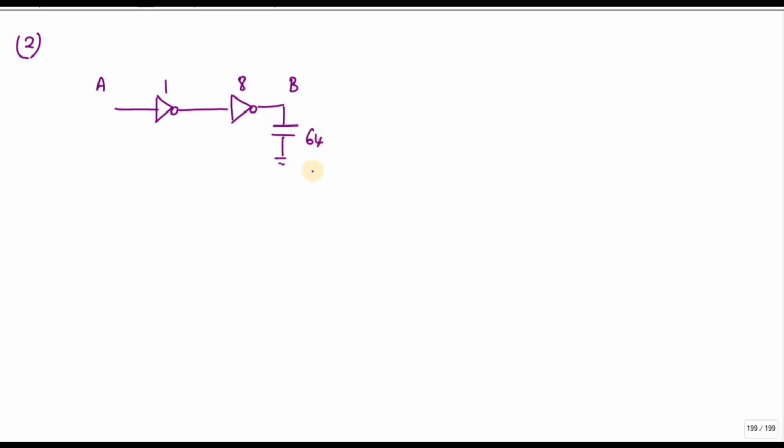That is 8. So finding the delay. Okay. So what is D? D is equal to N F power 1 by N plus P. Okay. So here the number of stages is 2. Okay. And the parasitic delay is 1 for 1 inverter. So I have 2 inverters. So that is 2.